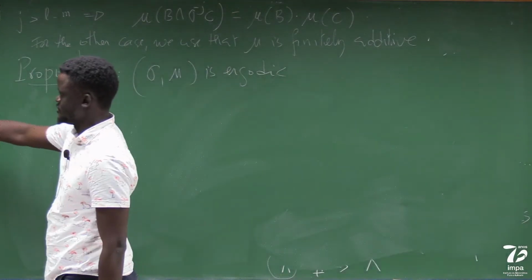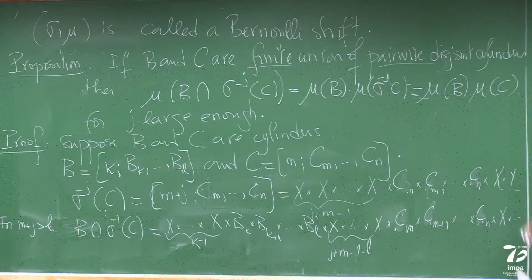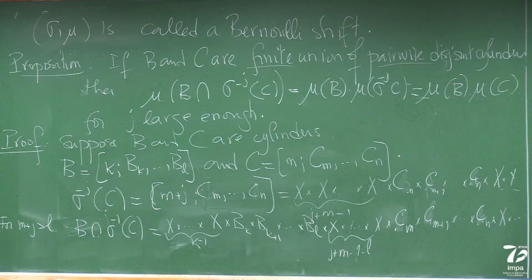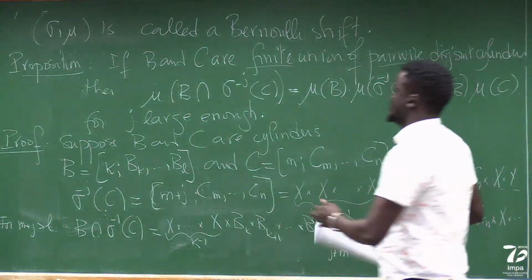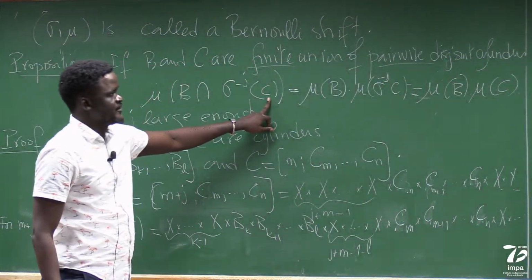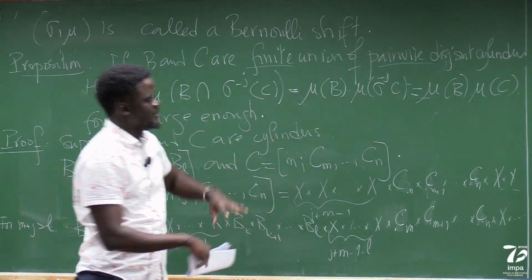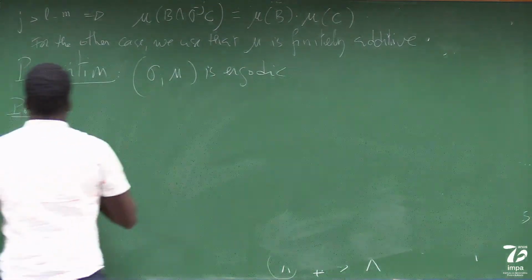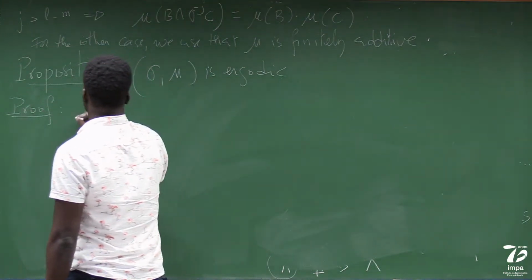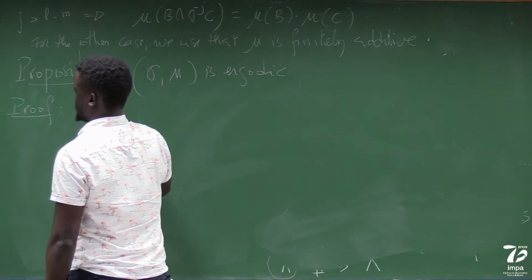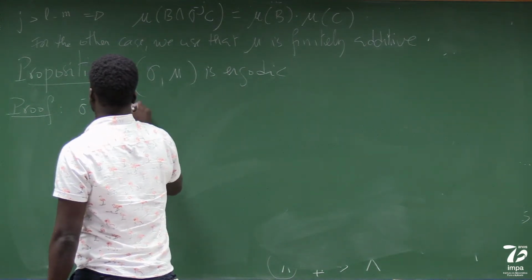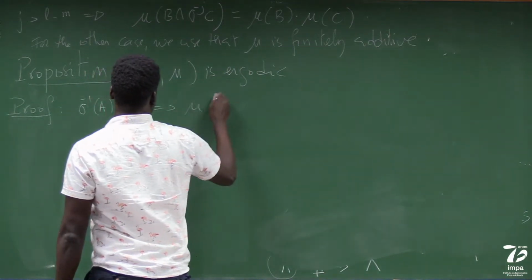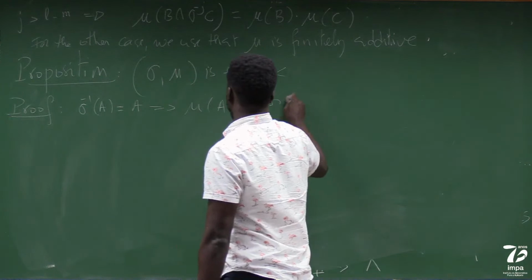The proof just uses this proposition exactly as we did when we were proving that this is equivalent to ergodicity, by choosing B equals C. So what we want to prove is that sigma minus 1 of A equals A implies that mu of A equals 0 or 1.